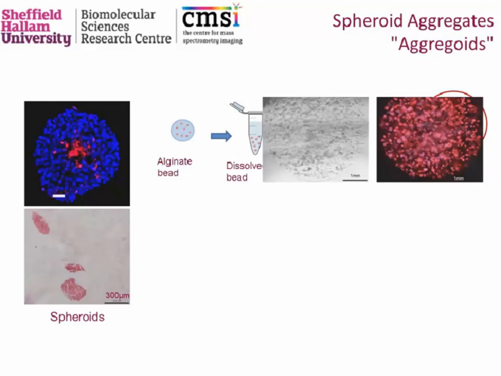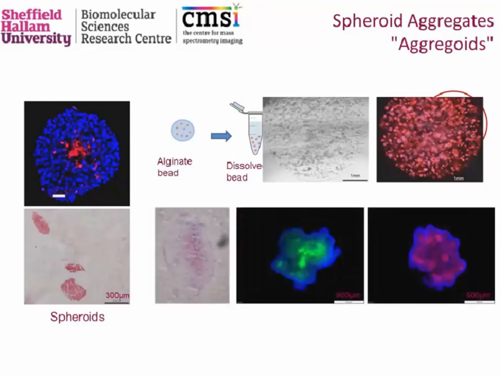But when we spin them down and let them grow together, if we then stain them up, you can see that the aggregoids, which are much larger now than the initial tumour spheroids, still have the same characteristic well-oxygenated areas, partially oxygenated and necrotic areas that we saw in the single tumour spheroids. And the difference is that they're bigger. And clearly also what's quite interesting here is that creating these aggregoids does offer the opportunity for co-culturing, for growing up tumours that contain more than one kind of cell.